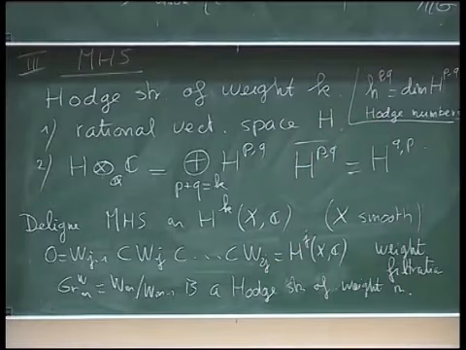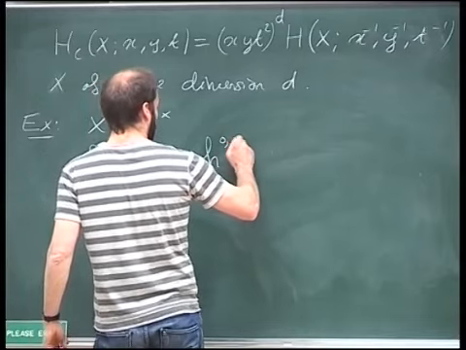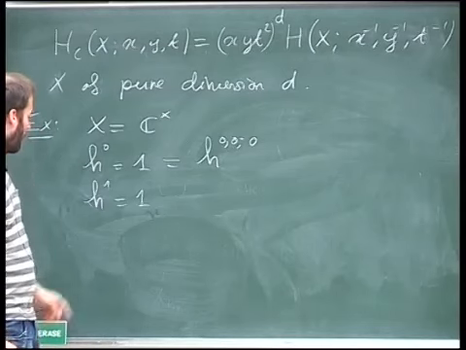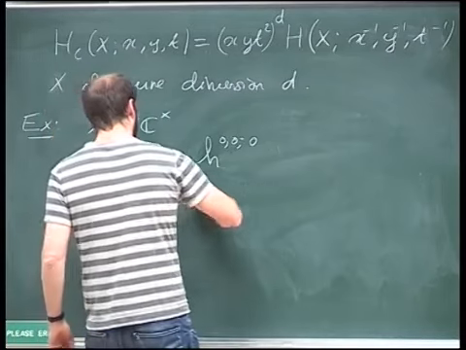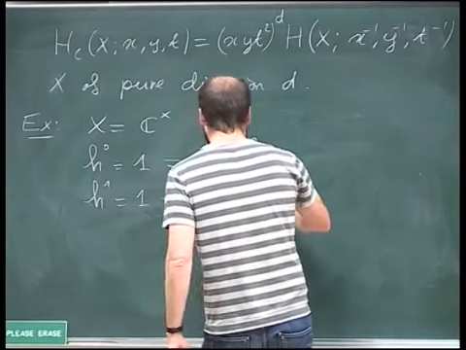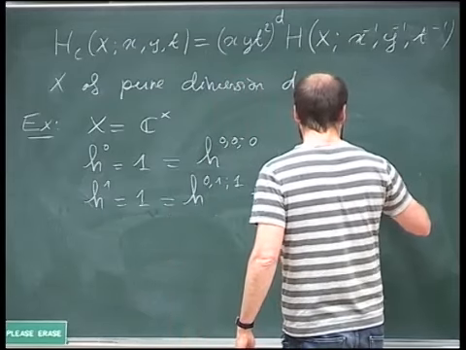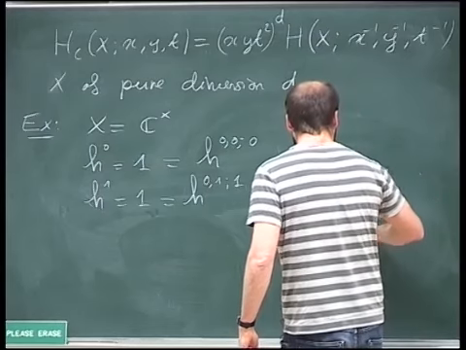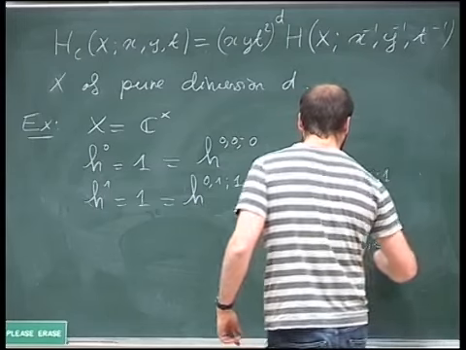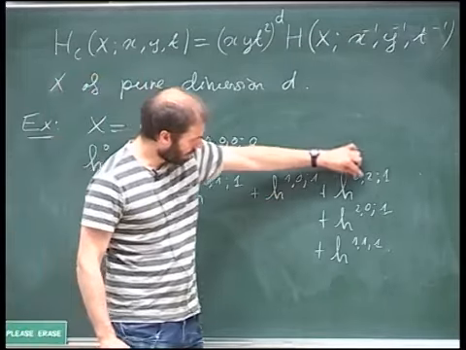For the first one, you can have only h^{0,0;0}, since between 0 and 0 there's not much space. And for H^1 you can write all the possibilities: h^{0,1;1}, h^{1,0;1}, h^{1,1;1}. Here some of these are of weight 1, and some are of weight 2.